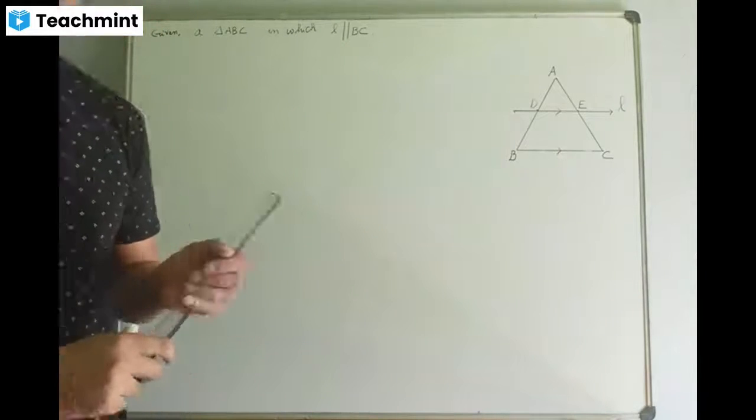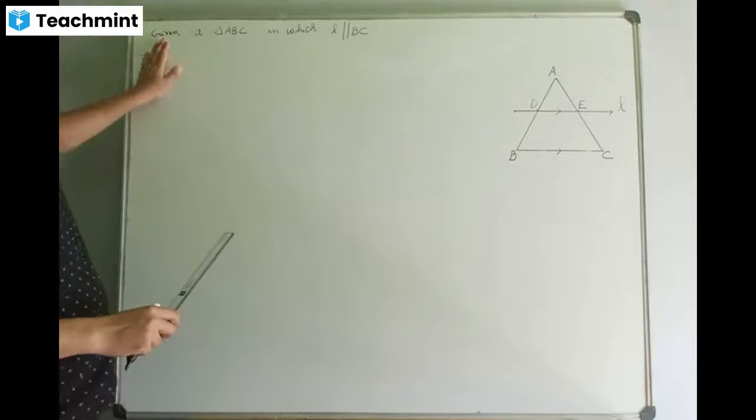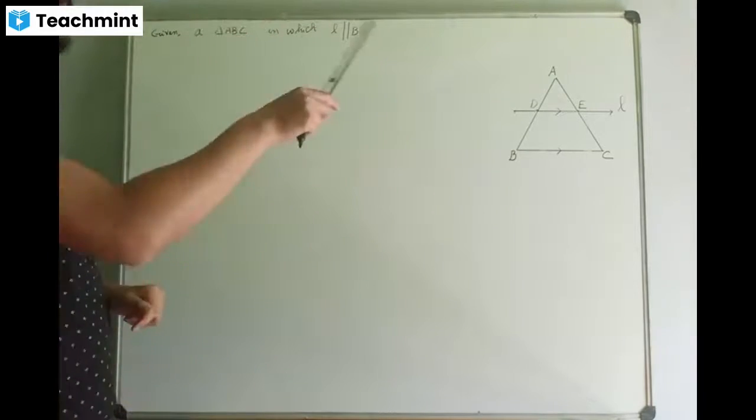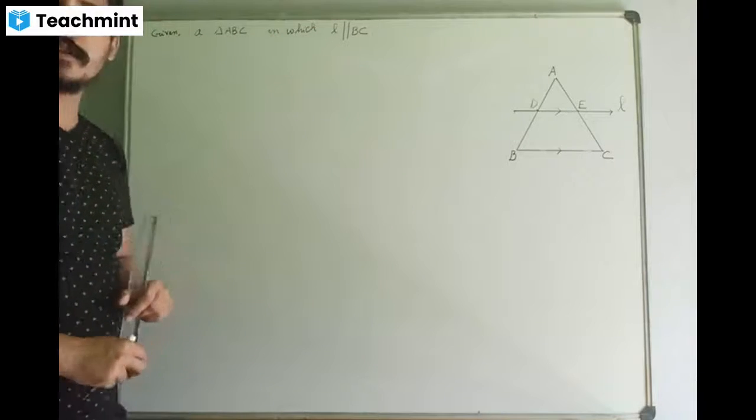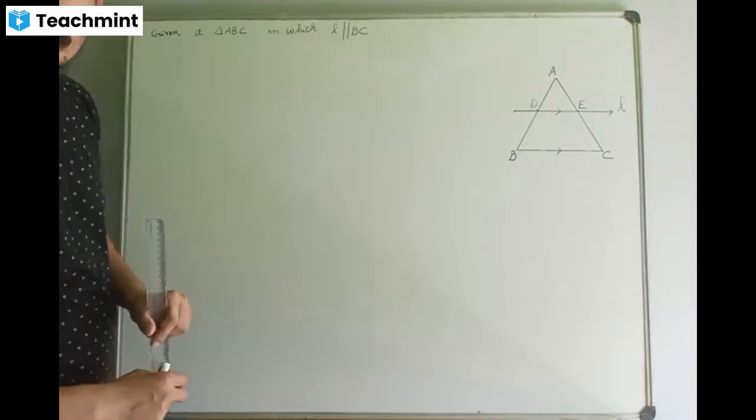Is it okay? So it's given that there is a triangle ABC in which a line L is drawn parallel to one side of the triangle.